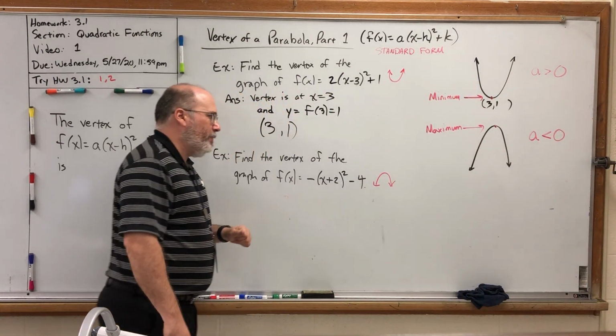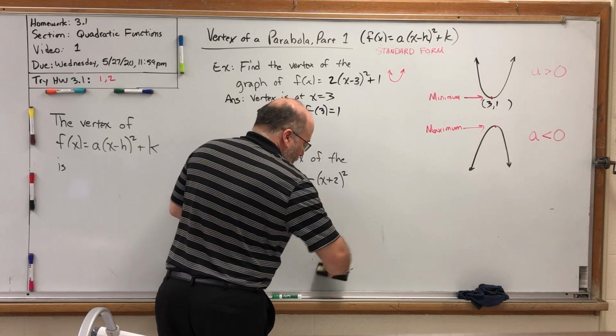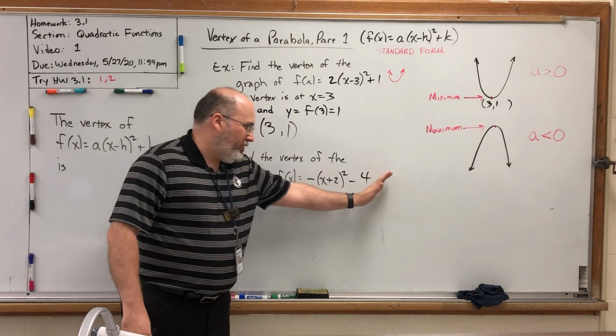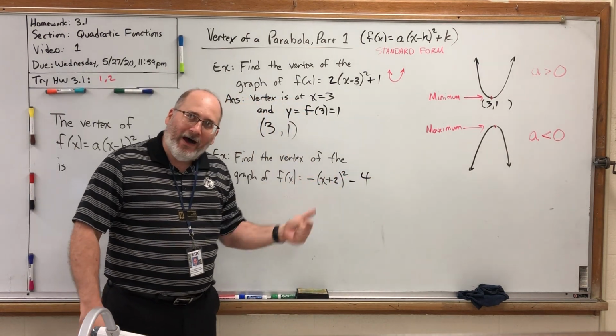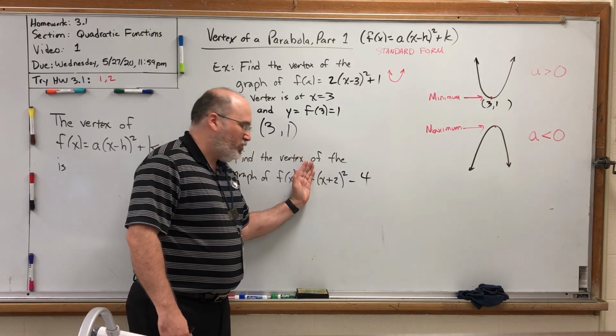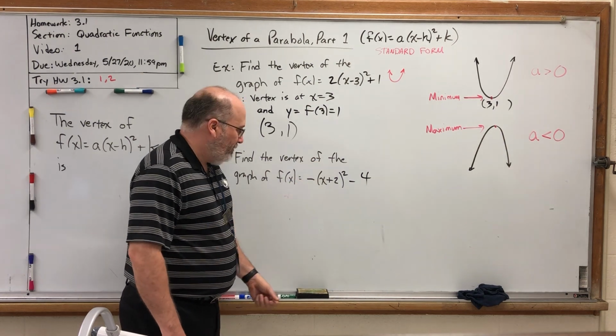So this one takes a little bit more thinking, and we'll put the -4 back in there. Actually, we'll leave it there just for a minute. If I want this to come out as large as possible, then I need to make this parentheses squared as small as possible. Why? Because I have a negative on it.